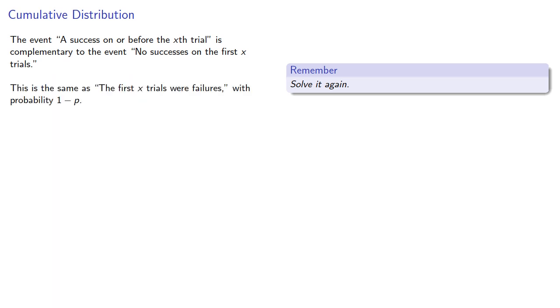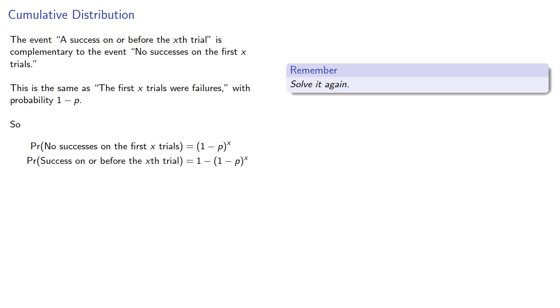And this is the same as the first x trials were failures with probability 1 minus p. So the probability there's no successes on the first x trials is 1 minus p to the x, and so that means the probability that there was a success on or before that xth trial is 1 minus 1 minus p to the x, which is the same as what we got the first time.